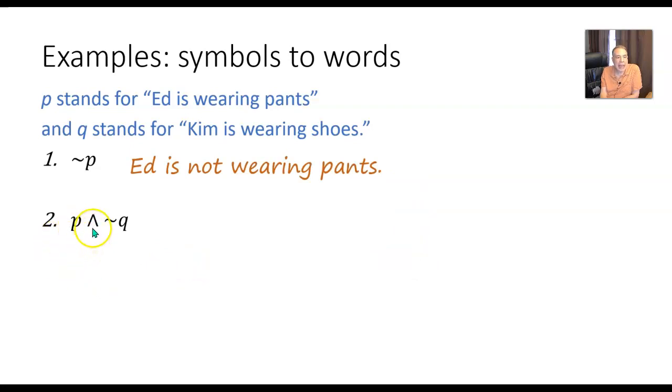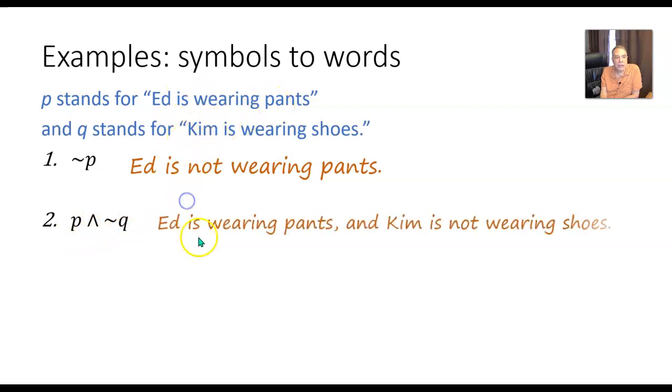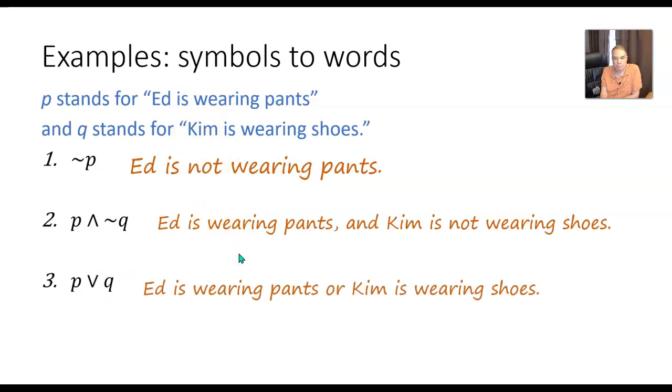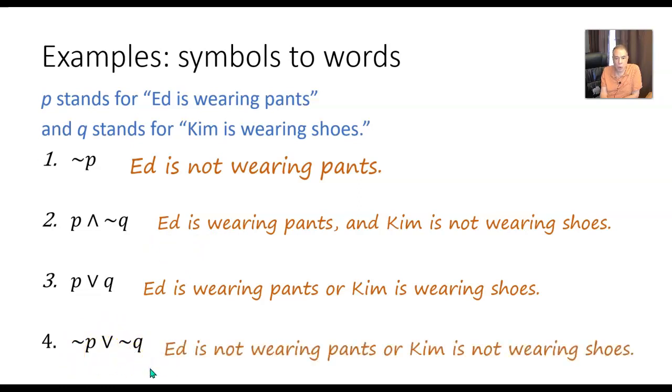P and not Q. Ed is wearing pants and Kim is not wearing shoes. Okay, what about this? P or Q. Ed is wearing pants or Kim is wearing shoes. What about this? Not P or not Q. Ed is not wearing pants or Kim is not wearing shoes.